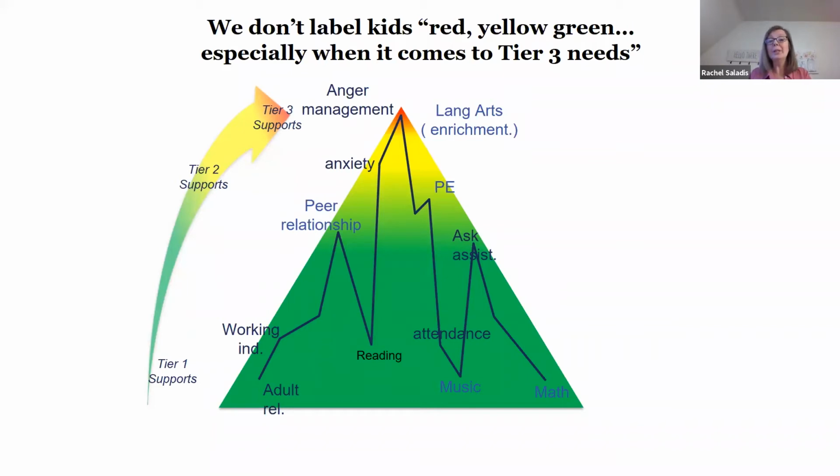Now, to align tier 3 work to best practice, we need to make sure we're not using this as one more opportunity to label students. Our students are not tier 1, nor are they red zone students. Students aren't on a tier. We need to make sure we're avoiding language like, Dave is a tier 2 kid, or Rachel's in the red zone, she's tier 3.